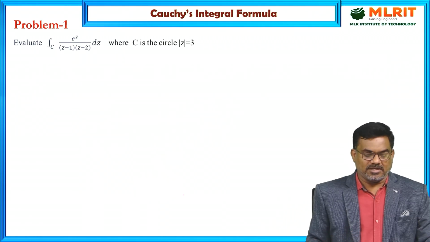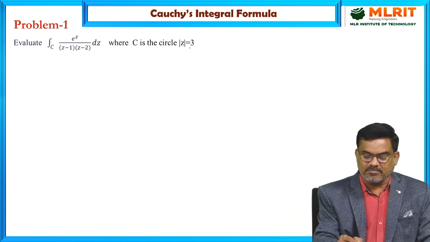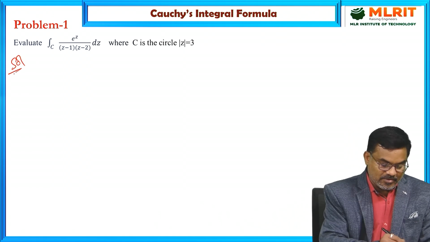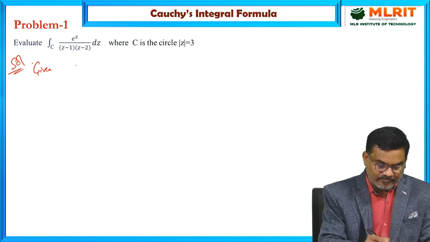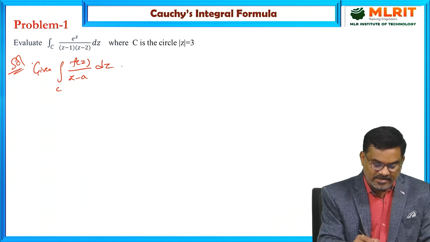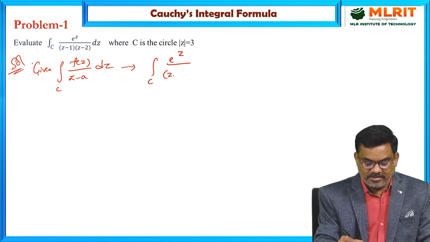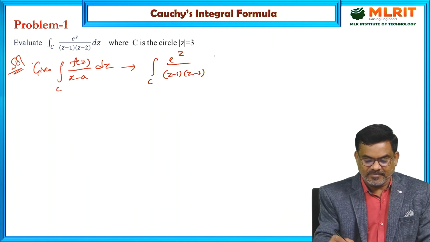Now let us solve one problem. Evaluate the line integral where C is the circle mod z equal to 3. The given line integral is of the form e power z by z minus 1 into z minus 2 dz.